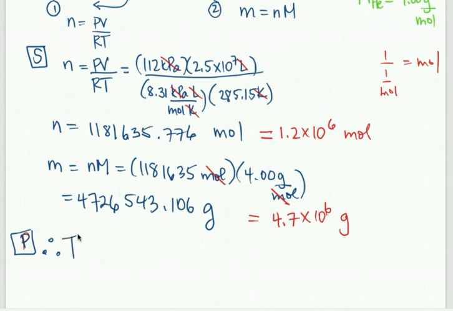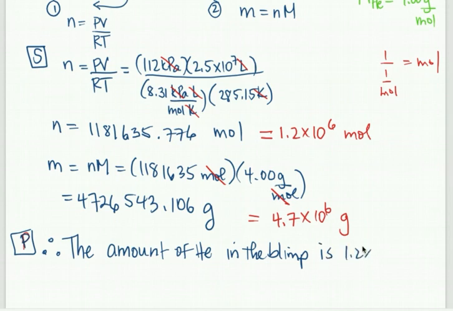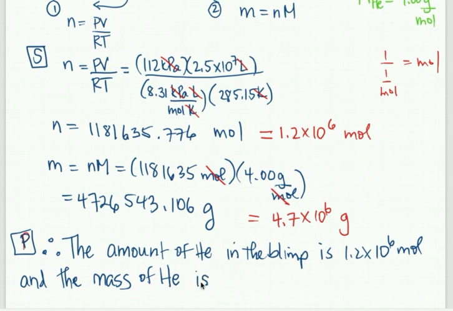Okay, so the amount of helium in the blimp is 1.2 times 10 to the 6 moles, and the mass of helium is 4.7 times 10 to the 6 grams.